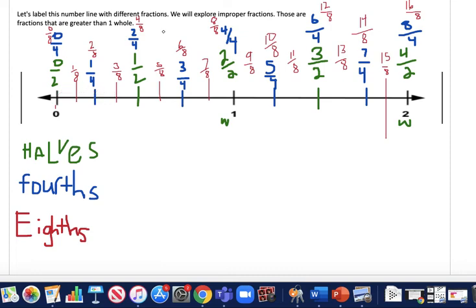We were able to look at fractions that are greater than 1 whole, which might be a little bit tricky, but it's something new. We'll get more practice with this, but I hope that you learned about improper fractions, which are fractions greater than 1 whole, and you notice that when the numerator, the top number, is larger than the denominator.